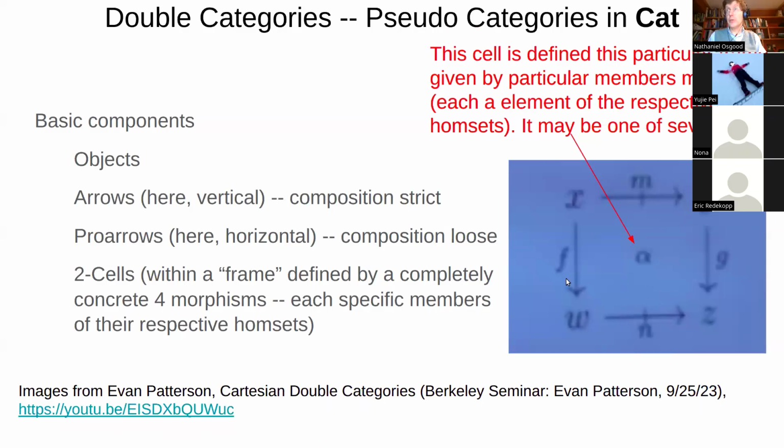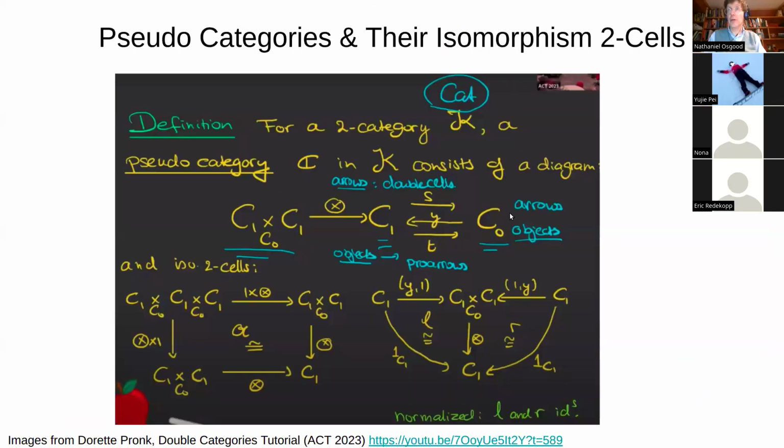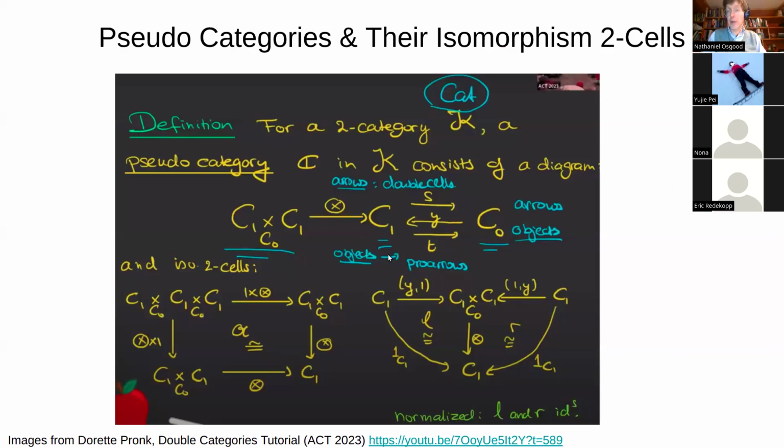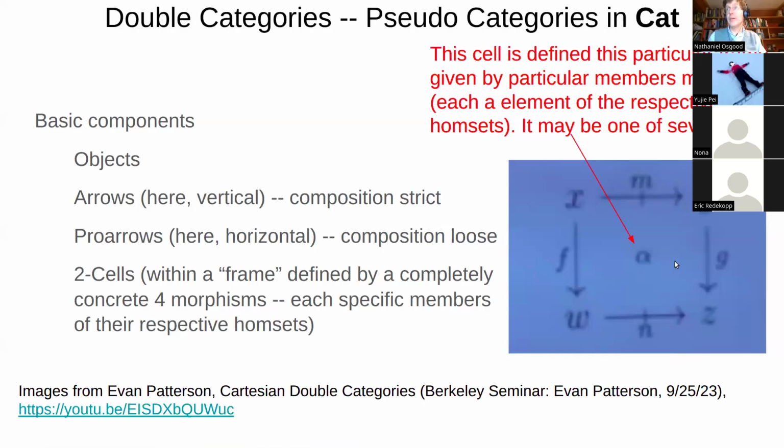These are the arrows in C0, this category of objects, these vertical arrows. The horizontal arrows, the pro-arrows, are the objects here. And then the morphisms here are the double cells. They're these sort of things. Okay. And there's not automatically one of those for every frame, for every boundary here. No, certain boundaries have these things.